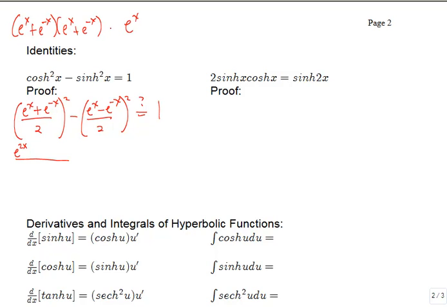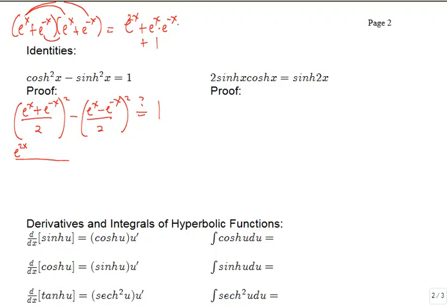Let me write it out so you can see. So e to the x times e to the x was e to the 2x. Then I'm going to get an e to the x times an e to the negative x. Since the bases are the same, you add the powers. x minus x is 0, so e to the 0 is actually going to be a 1.